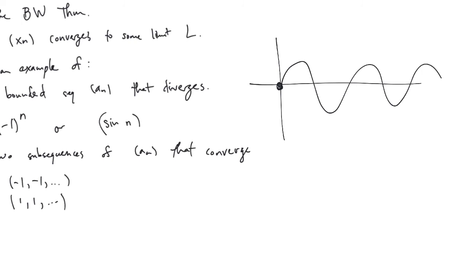Sine of 1, well, this is pi over 2, which is around 1.5, right? So sine of 1 is around here somewhere. I don't know what that is. Sine of 2 is here. Sine of 3 is, that's pi, so sine of 3 must be slightly to the left of that. But anyway, there's no real formula for what those values are.